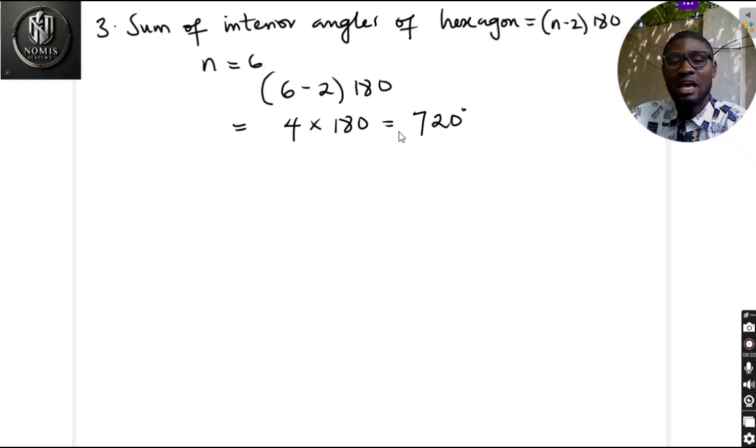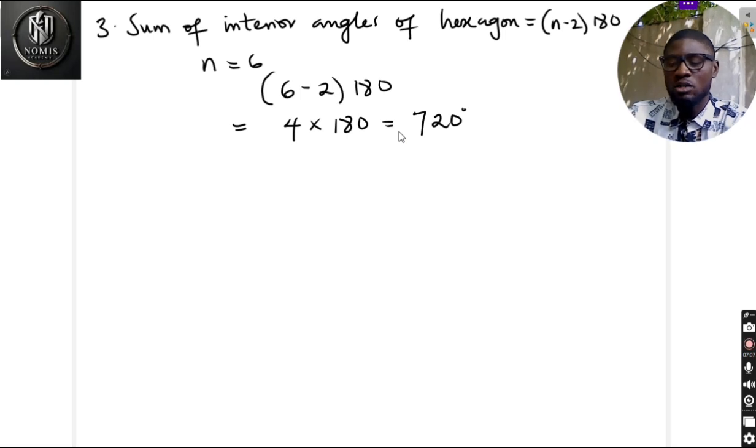Once you know the sides of the polygon, subtract 2 from it and multiply it by 180, and you get to know the sum of the interior angles of that polygon. Now, to measure each of the interior angles, we need to consider whether the polygon is a regular one or not.